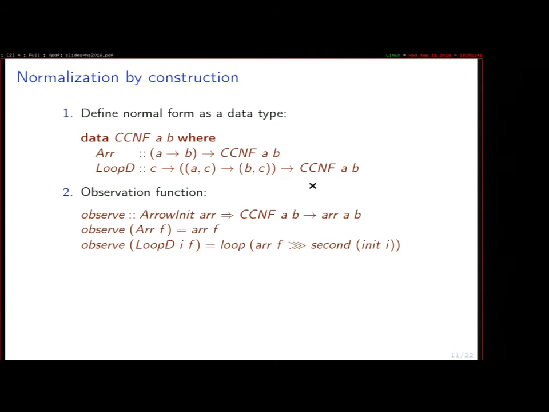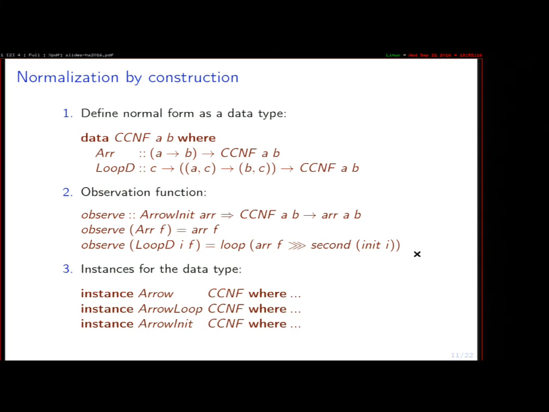And secondly, we can implement an observation function to turn this normal form back into any generic CCA arrow. This is like an interpretation of this data model. You can interpret these two constructors just by mapping them to the corresponding arrow combinator, which will give you the arrow instance you would like to instantiate.